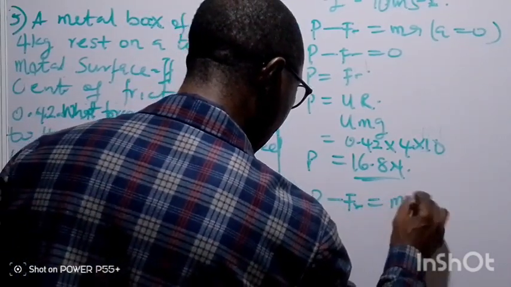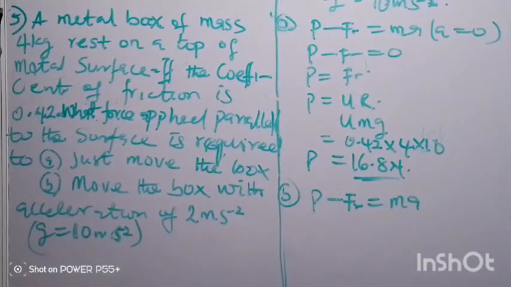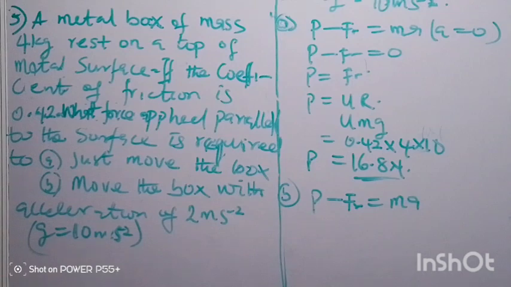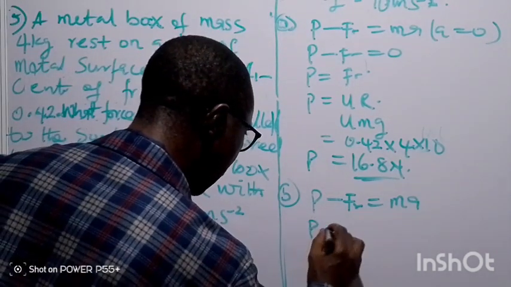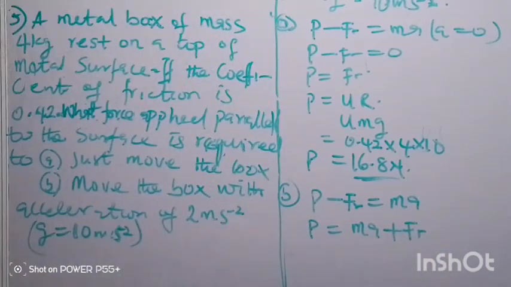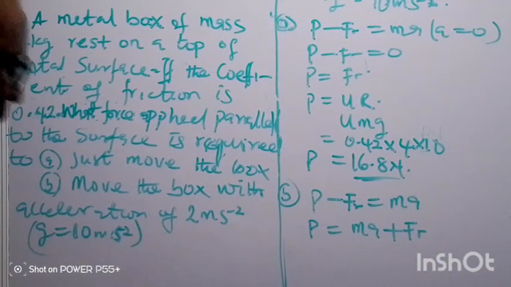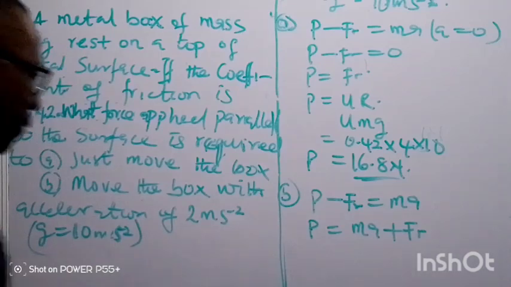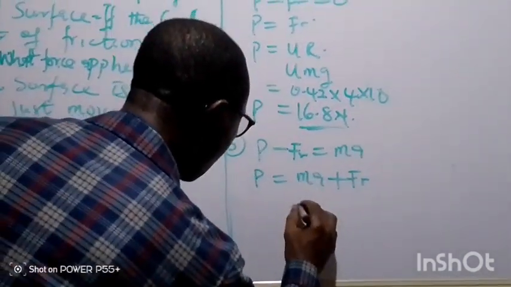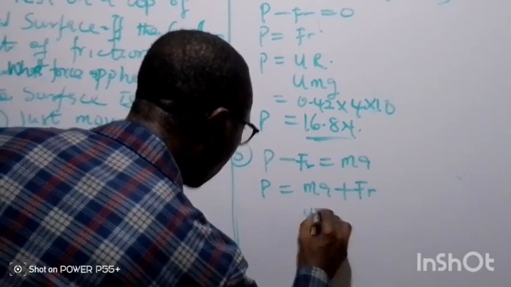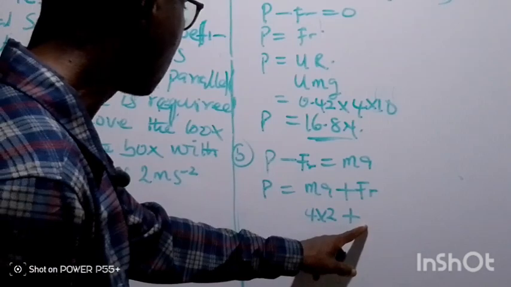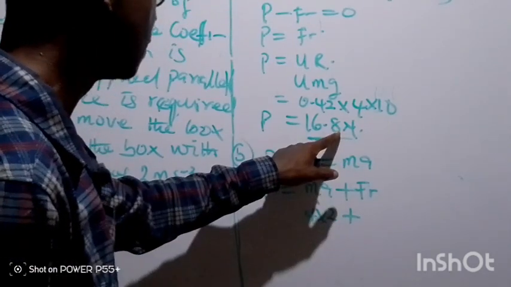Now, since a is given, we can say that P will be equal to ma plus Fr. m is given as 4. a is given as 2. That will be 4 multiplied by 2 plus, don't forget, we've calculated this Fr here, which is 16.8 Newton.